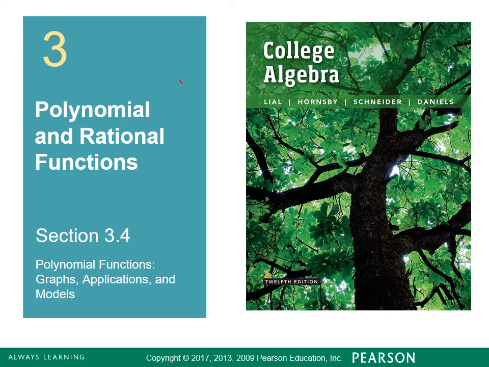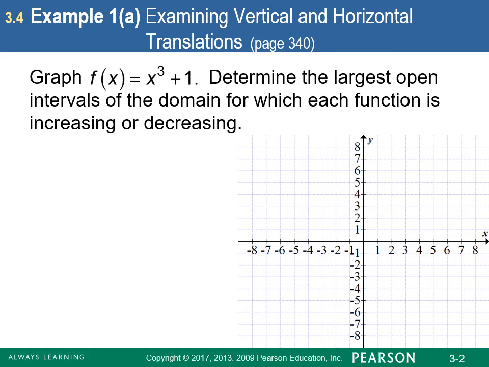In this section, we're mostly going to be concerned with graphing these polynomials. We did this in an earlier section, so I won't spend a lot of time on this.